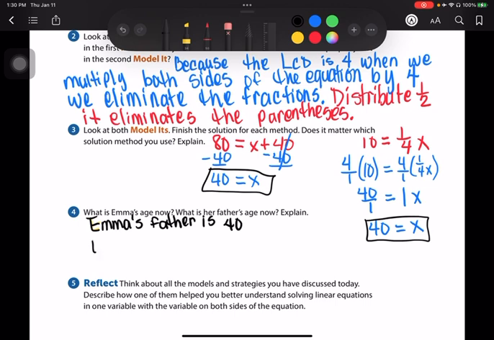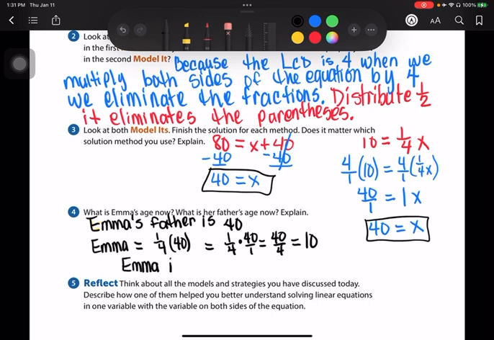And Emma is 1/4 her father's age. Okay? So 1/4 of her father's age gives us 40 over 4. Therefore, Emma is 10. Okay? So Emma's father is 40, and Emma is 10 years old.